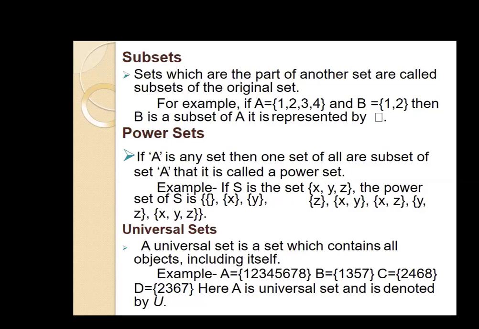In the example, if A is a set, A equal to 1, 2, 3 and 4, and B is another set which contains 1 and 2, you can see only two objects are there in B. These two objects are also included in set A. They are part of set A. So B is a subset of A. B is a smaller set, and the objects present in set B are also present in set A. This is called a subset.